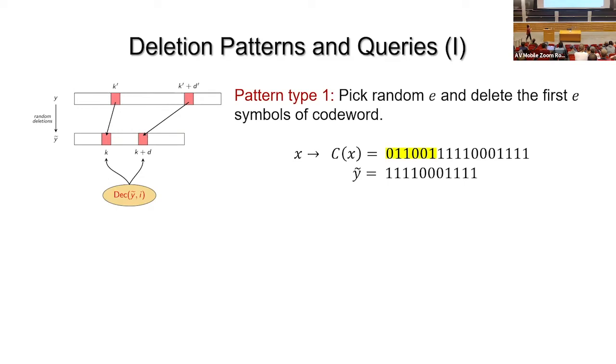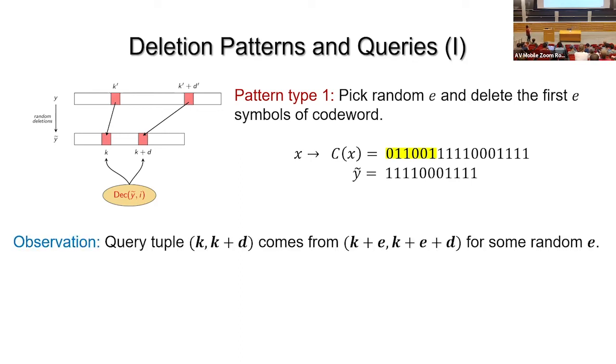So let's think about one simple deletion pattern. Suppose you have your code word, and all we do is we pick a random length prefix and we just drop all those bits. Okay, so this is my deletion pattern. I'm just dropping many symbols at the beginning of the code word. So if I want to make this query k and k plus d in y tilde, where could it have come from?